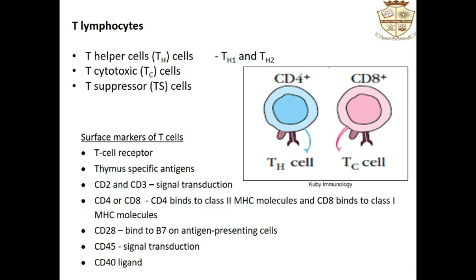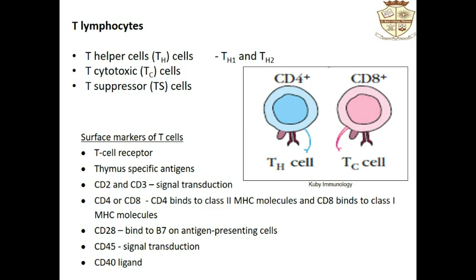The cytotoxic T lymphocytes recognize and eliminate the altered self cells such as the virus infected cells, cancer cells or graft cells. These cytotoxic T lymphocytes are generally responsible for killing the virus infected cells, transplanted cells and cancer cells.